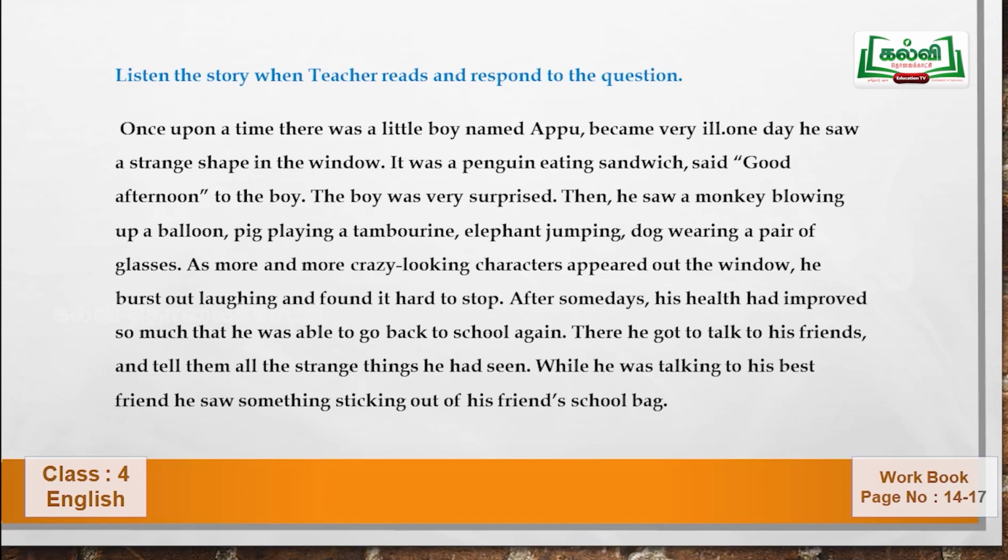stop. After some days, his health had improved so much that he was able to go back to school again. There, he got to talk to his friends and tell them all the strange things he had seen. While he was talking to his best friend, he saw something sticking out of his friend's school bag.